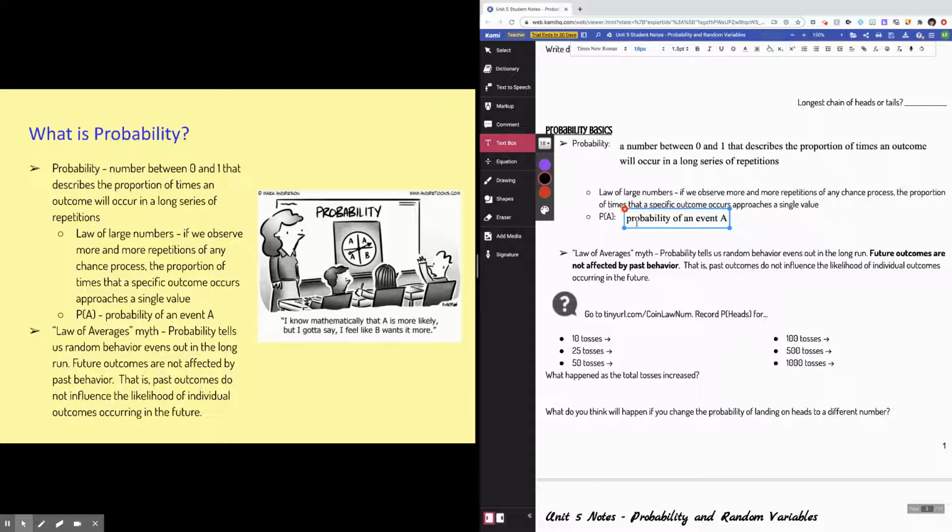If you flip that coin 10 times, you could, in those 10 times, have 6 heads and 4 tails, right? That doesn't mean that the probability of getting heads is now 60%. It just means in that small sample that we had more heads than tails, right? But if we do thousands and thousands of coin flips, eventually the number of heads and the number of tails will even out so that you get 50% of each.